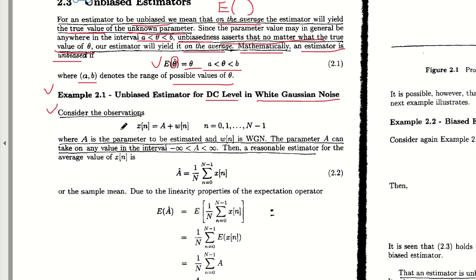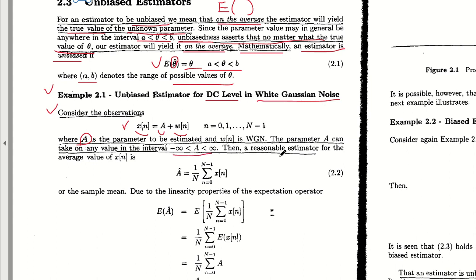Consider the observations x[n] equal to A plus w[n], for n is 0, 1, all the way to N minus 1. This is the time index, where A is the parameter to be estimated, and w[n] is WGN. The parameter A can take on any value in the interval.